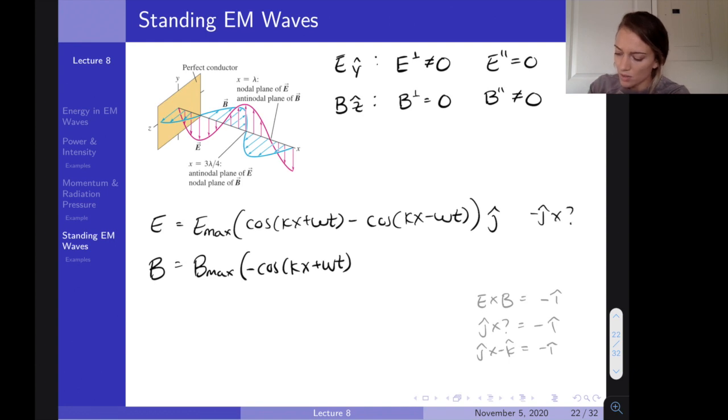Negative j cross something is the positive i hat direction, because now we're looking at the wave traveling in the positive x direction. So negative j hat cross negative k hat will give us positive i hat. So this is negative k hat, and we have another negative here, cosine kx minus omega t, and this is all k hat.